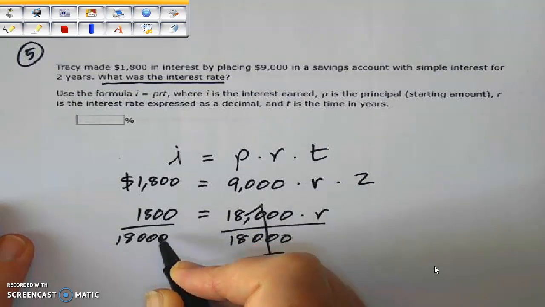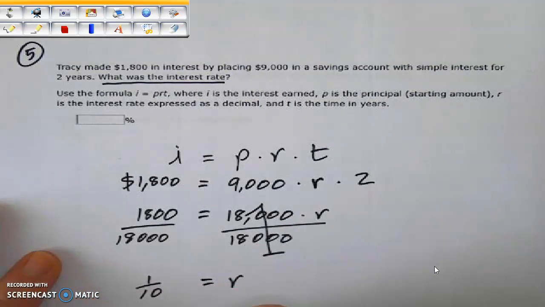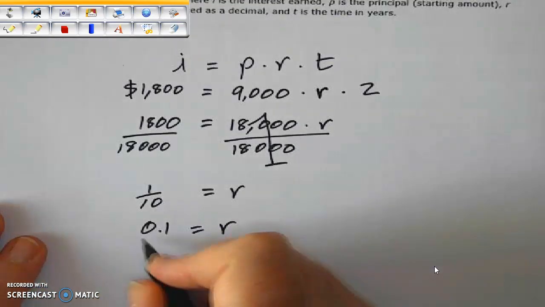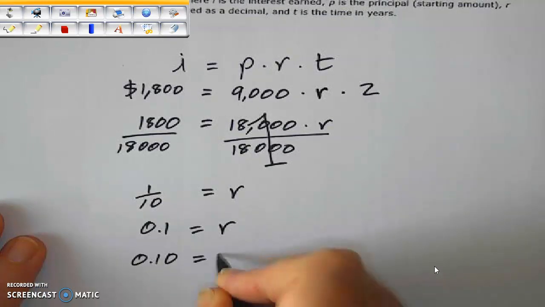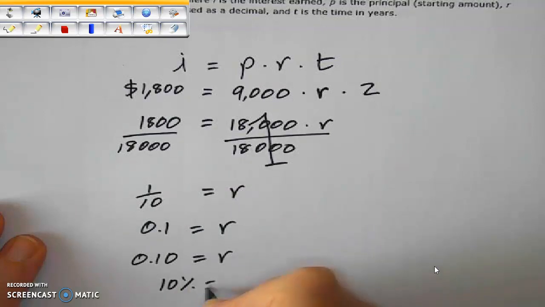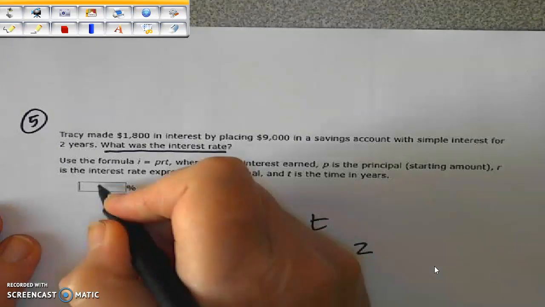And 1,800 divided by 18,000, that's the same thing as 1/10, which is 0.1. Now, if I want to convert this to a percent, it's easier to look at it with that extra zero on the end because it's 10%. So the rate was 10%. I'm going to come back up and put the 10 in here.